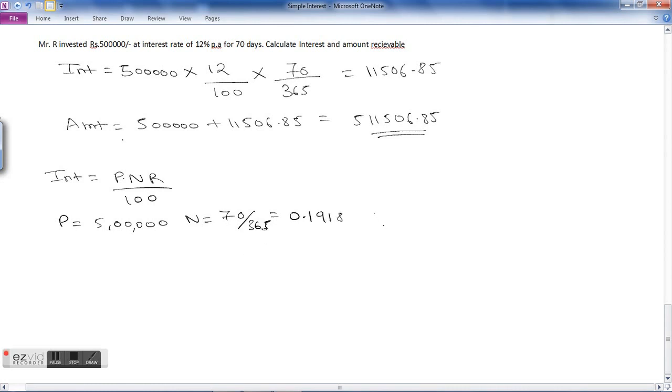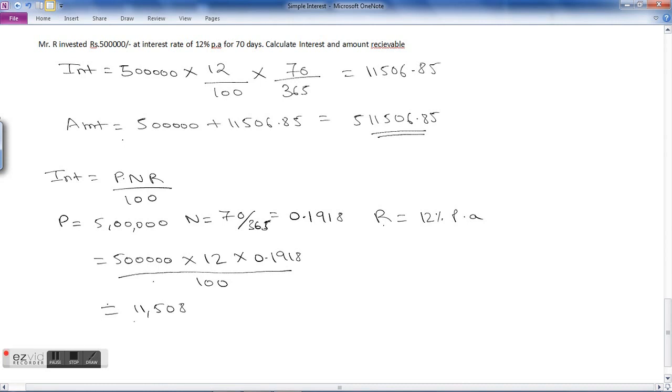And R is 12% per annum. So let's calculate the interest amount: 5 lakh into 12 into 0.1918, entire thing divided by 100. That comes to 11508. There will be some difference of 2-3 rupees because of rounding off. This is the interest amount.